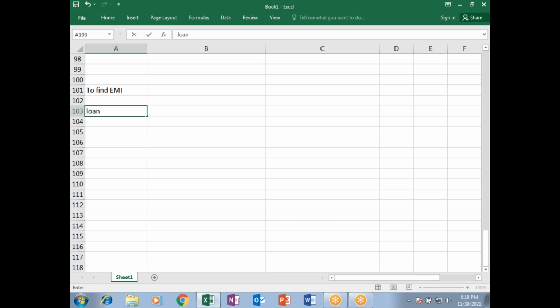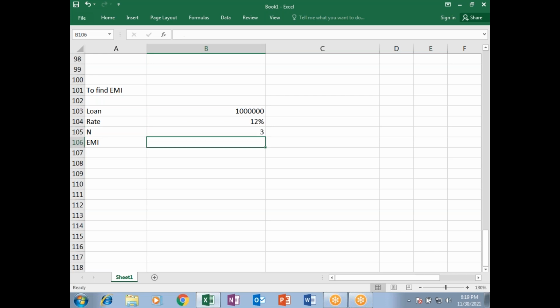So I have the loan amount paid in years, and to find out the EMI, if I have 12% and 3 years, then it equals PMT, rate, 3 years, comma, present value, loan amount.